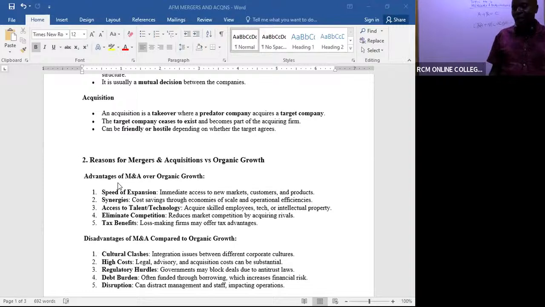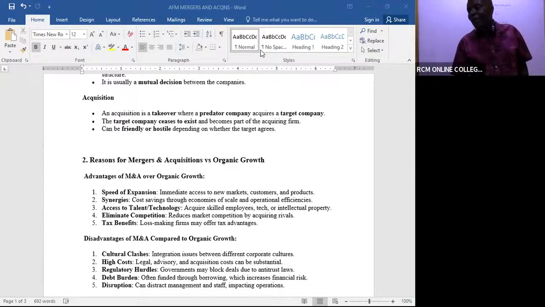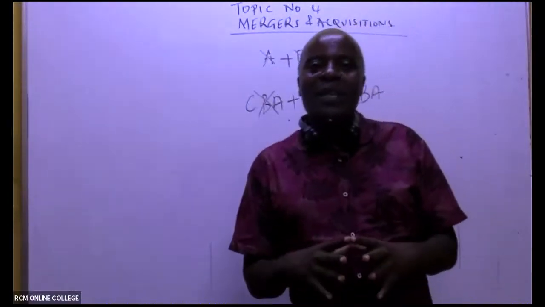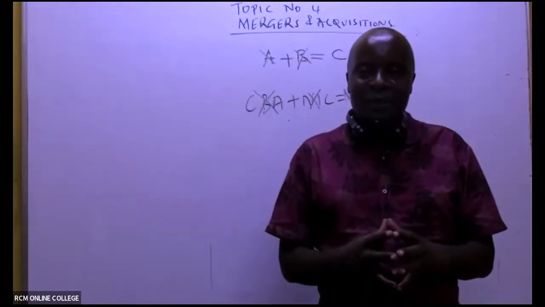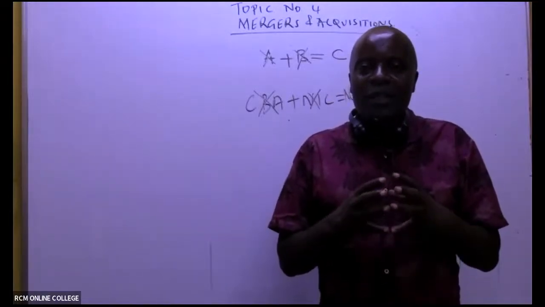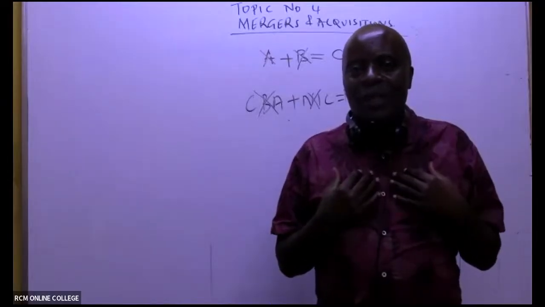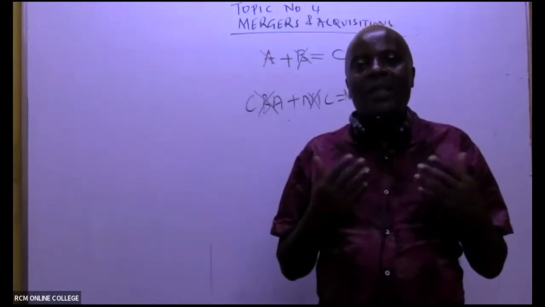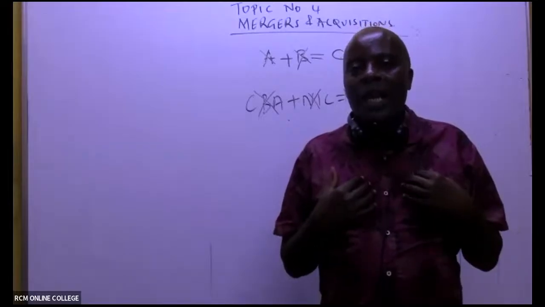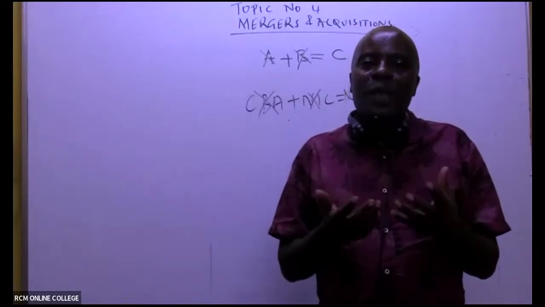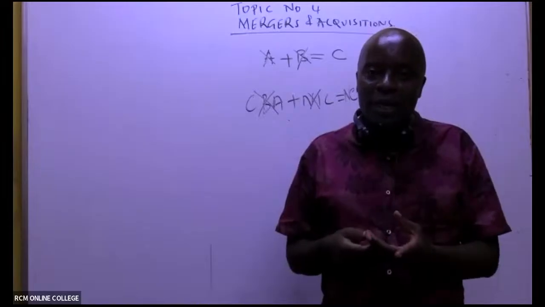You can see here, speed of expansion. If we just exercise organic growth, which is the normal growth where we are growing slowly year after year, trust you me, mwalimu here or other stakeholders will easily die before we even spread our branches to Bungoma.